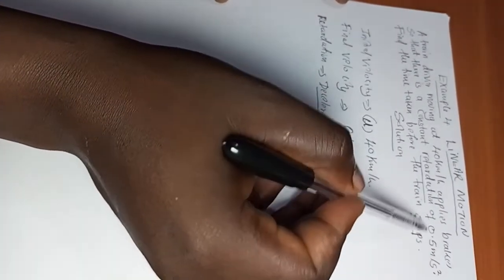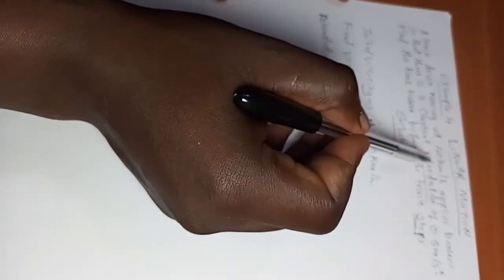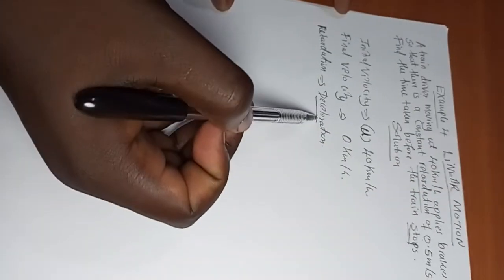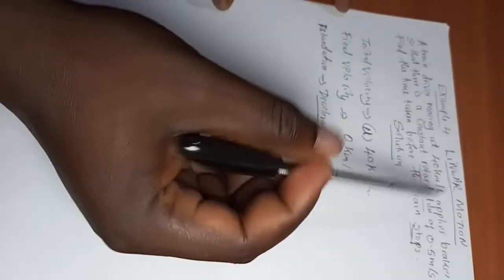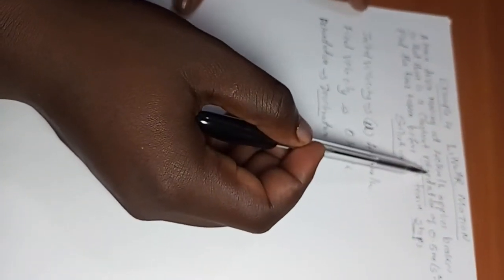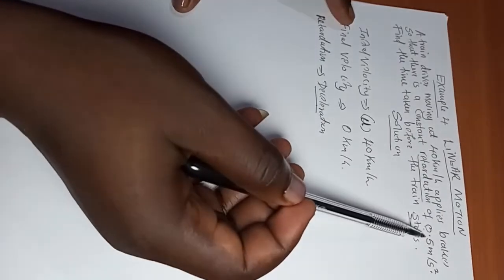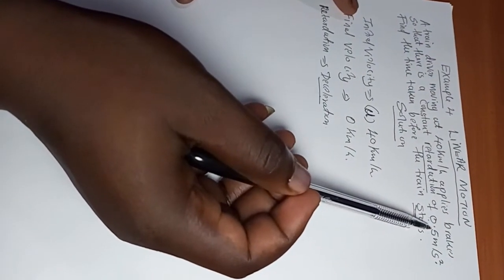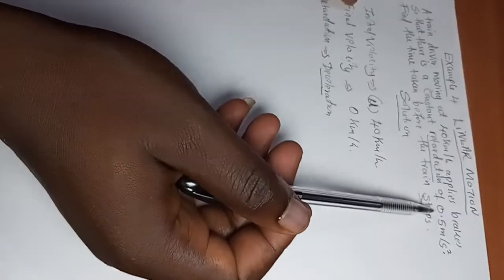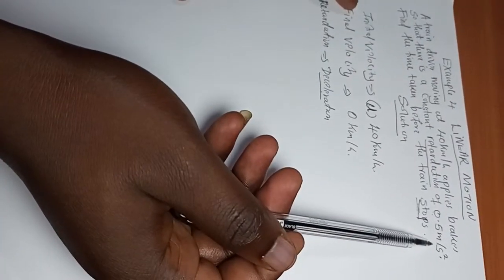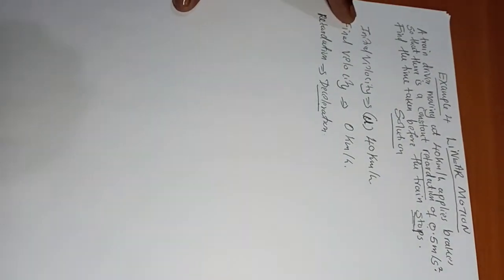But the moment you see a positive number, and the term used is either retardation or deceleration, then it is fine. But if the term was acceleration and the value has been given as negative, just know that they still mean deceleration. So in this case, we are told that it was retardating, to mean it was decelerating at 0.5 meters per second squared.